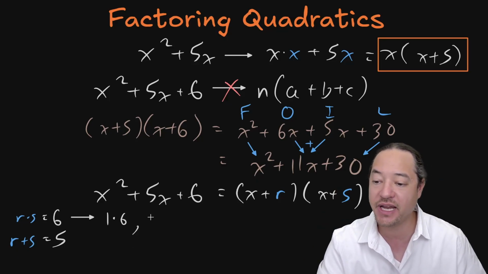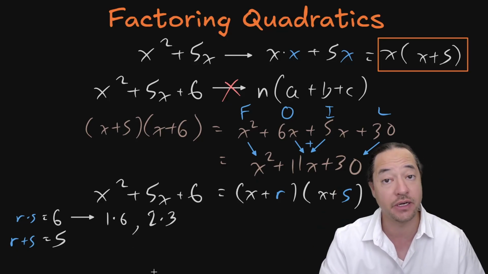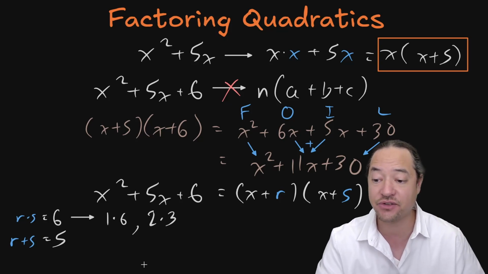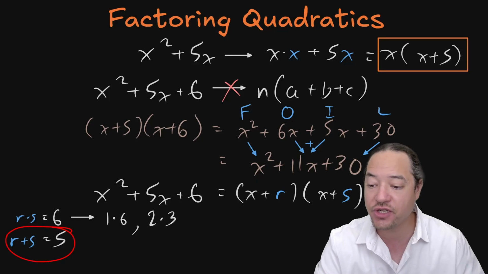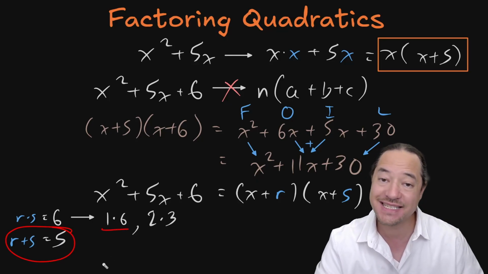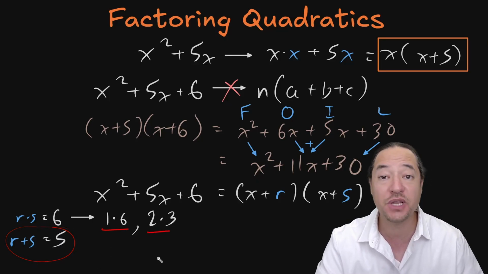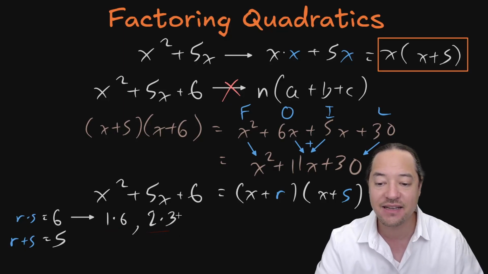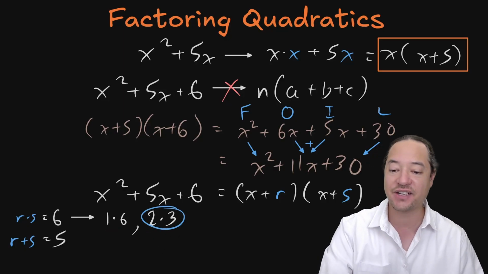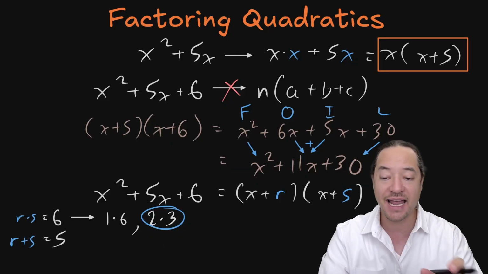Another set of factors for 6 is 2 times 3. But we're saying that these two factors added together should equal 5. Well, 1 plus 6 equals 7, so that doesn't work, but 2 plus 3 does work. 2 plus 3 equals 5. And so these must be the factors that we're going to use for R and for S.